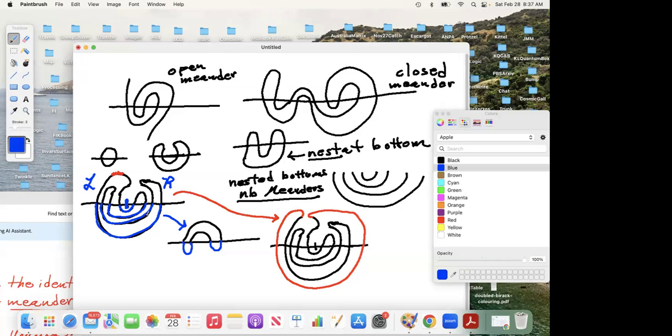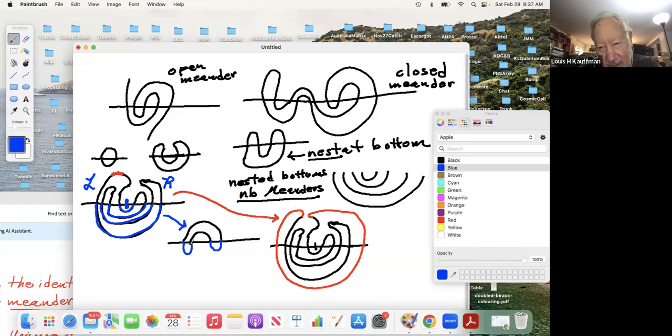Okay. So I am not at this stage talking about other subjects. I'm just talking about playing with meanders. And the point I'm making is that this construction, cut the arc and bring it around, that enumerates nested meanders. So that's an enumeration that you can understand.